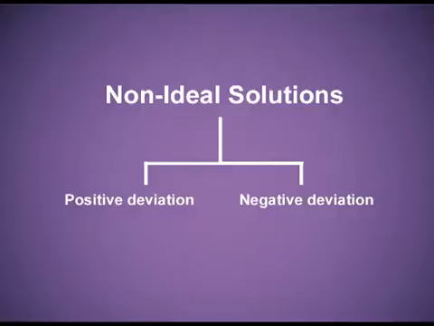Now, let me switch over to the non-ideal solutions. I have earlier told you that non-ideal solutions are of two types. One showing the positive deviation, the other showing the negative deviation. These two types of deviation again depend upon the interaction between the solute and the solvent when they are mixed to form a solution.